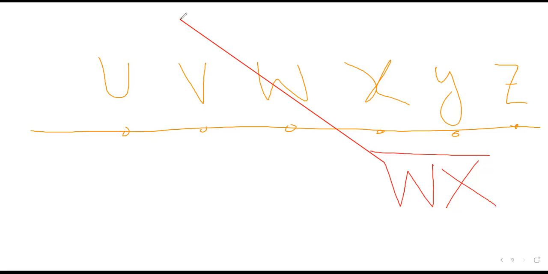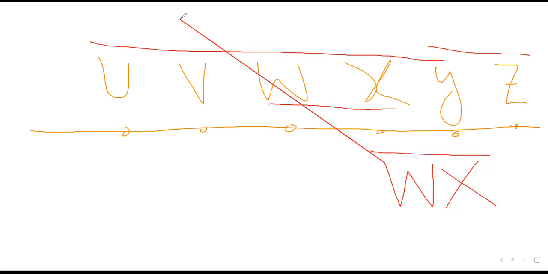Okay, it's YZ then. YZ is not containing WX. WX is over here. So this is the right choice, because if you are drawing a line Y to Z, there is no question of that. UY will contain WX.